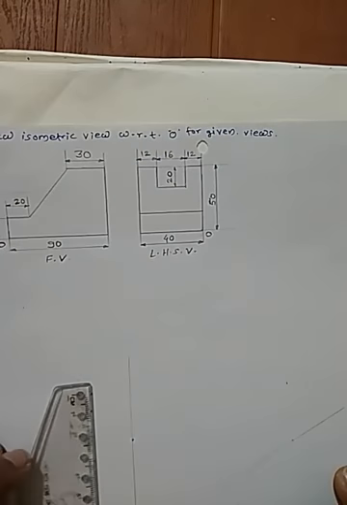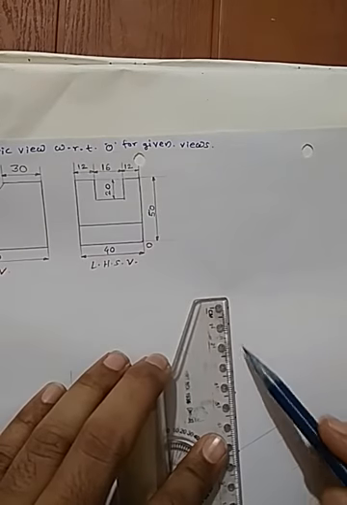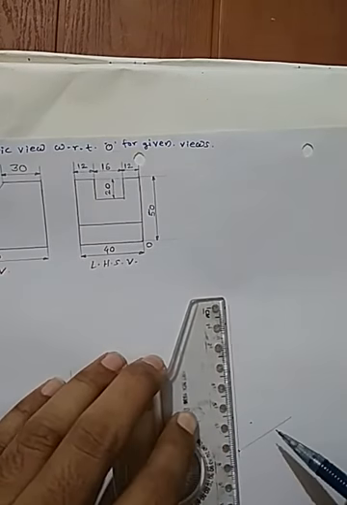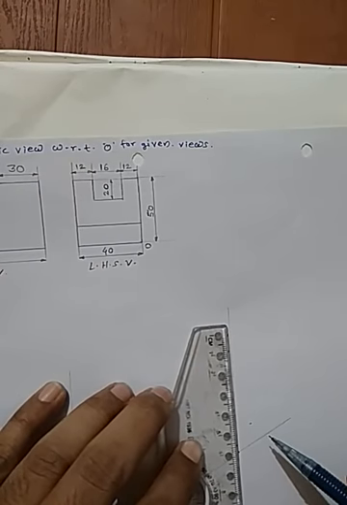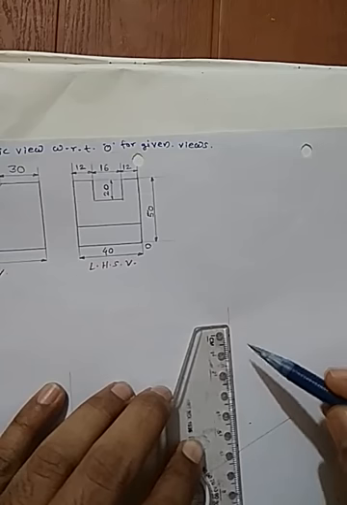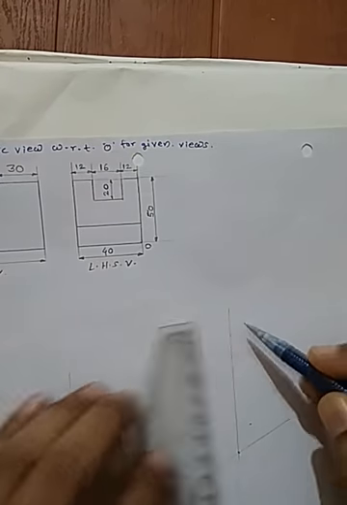The point that we have taken on the X axis, 90 mm from the origin towards the right. From that point you need to draw a line parallel to the Z axis. On that you need to count 50 mm, which is nothing but the height for the front view. Here it is.